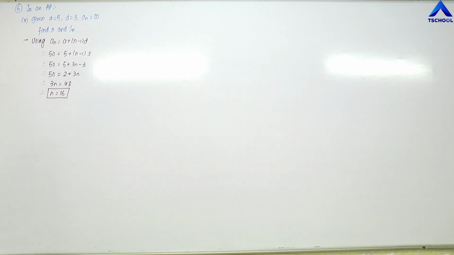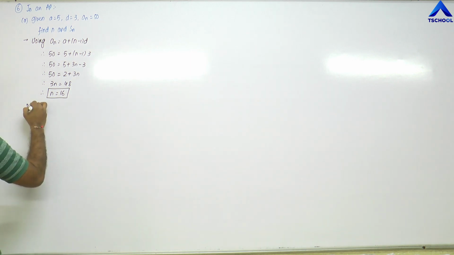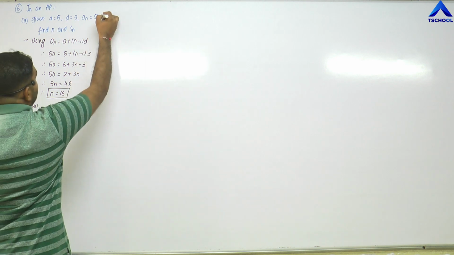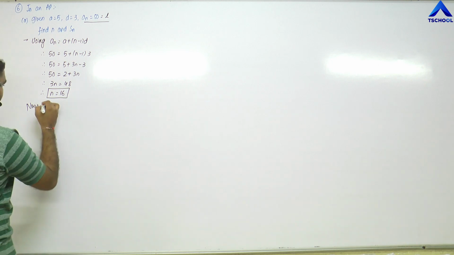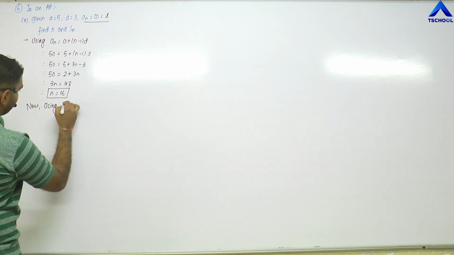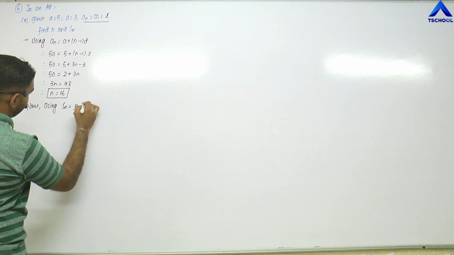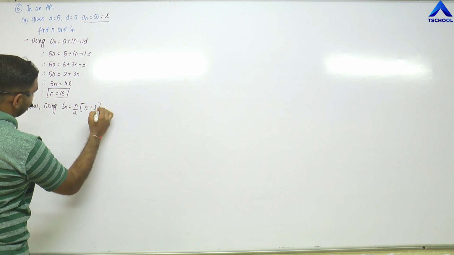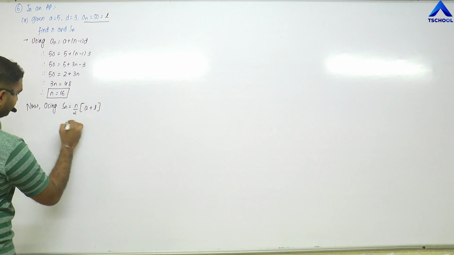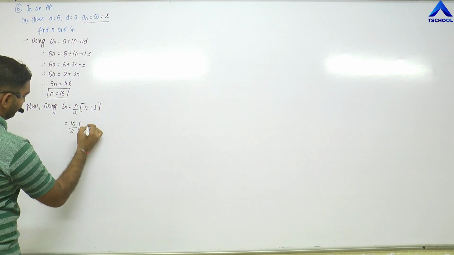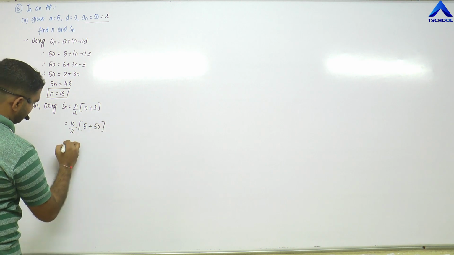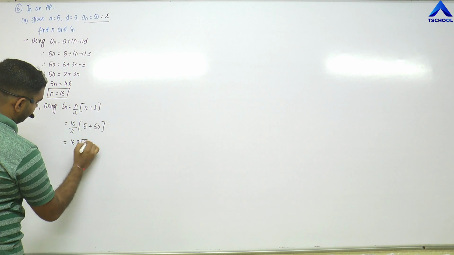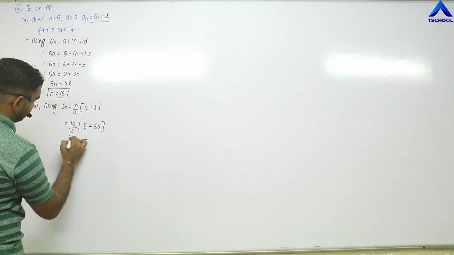So that is the first one that we require: n. Now this an given here is actually l also. Now using Sn equals n by 2 into a plus l, that is 16 by 2 into 5 plus 50, which is equal to 16 into 55 by 2. You can cancel this by 8.